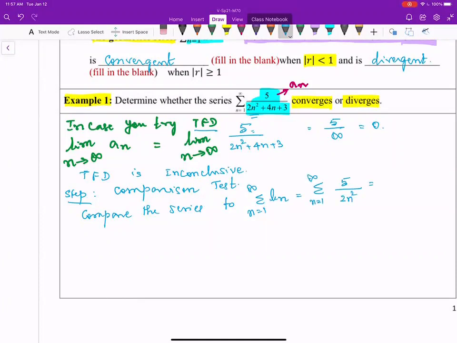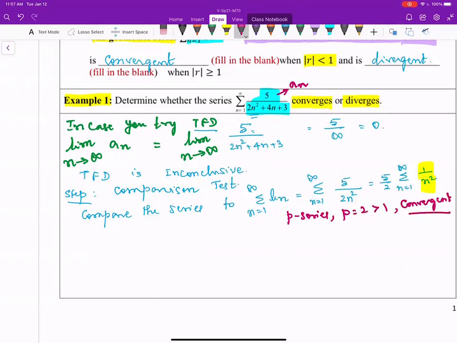Because it has to be a well-known series, you can consider this to be 5 over 2 sigma n varying from 1 through infinity of 1 over n squared. We know that this is a P series with P equal to 2, more than 1. So it is convergent.